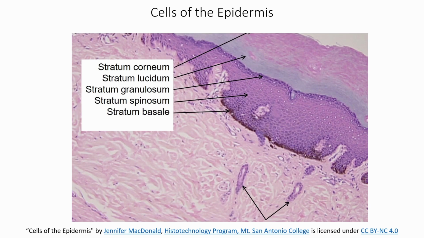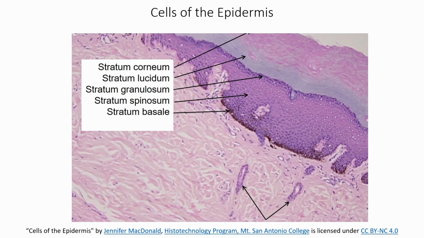If we look at our picture, stratum corneum is that kind of pinkish color, then the stratum lucidum below that is more of a purple. The stratum granulosum is that deeper purple, and the picture's a little blurry, but if you look at it under a scope, you would actually see that grainy appearance. The stratum spinosum is that lighter purple just below that, and then the stratum basale, you'll notice, actually has a little bit of color to it in this case.